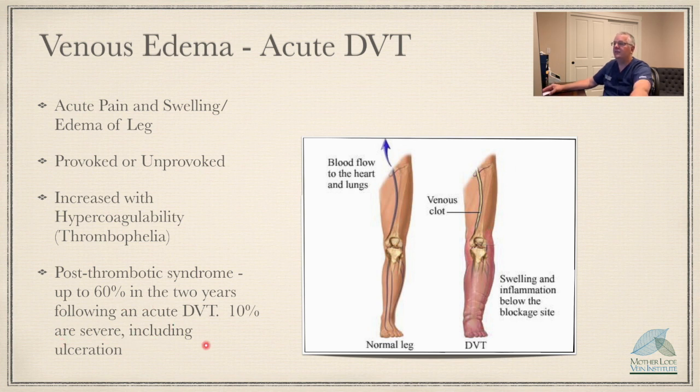And 10% are severe, including venous stasis ulcers and that sort of thing, because the pressure is so high that they get inflammation and ulcerations like you saw earlier. So it's a real problem, this post-thrombotic syndrome, and it's under-recognized. When you go to the emergency room with an acute deep vein thrombosis, you want to get on blood thinners.